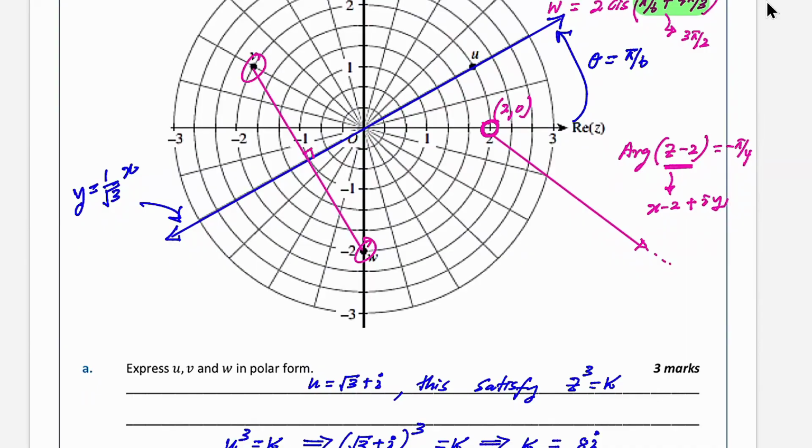arg(z minus 2). Yeah, so that's what the question says. Otherwise what happens? What cancels? Okay, you substitute x equal to 2. Okay, go ahead, then what cancels? 0.